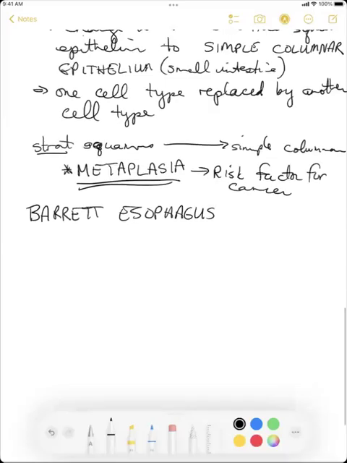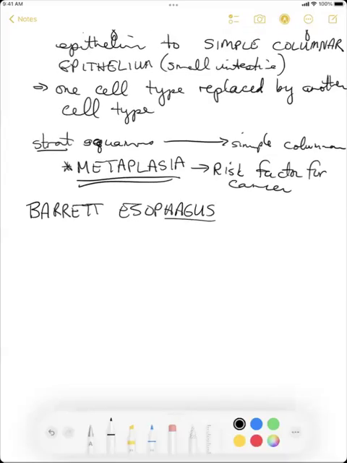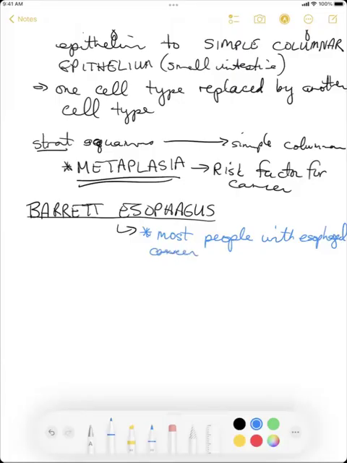Most people with esophageal cancer will have an element of Barrett esophagus. So the next two points are actually really important. Most people with esophageal cancer have Barrett esophagus.